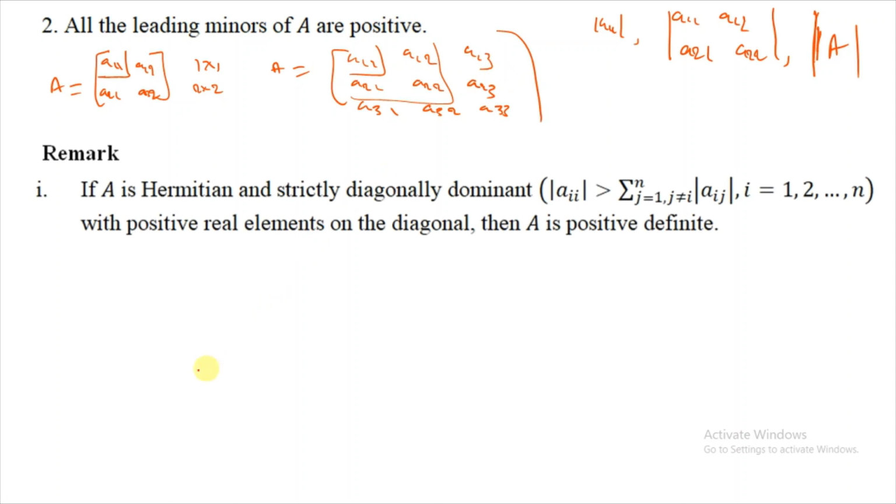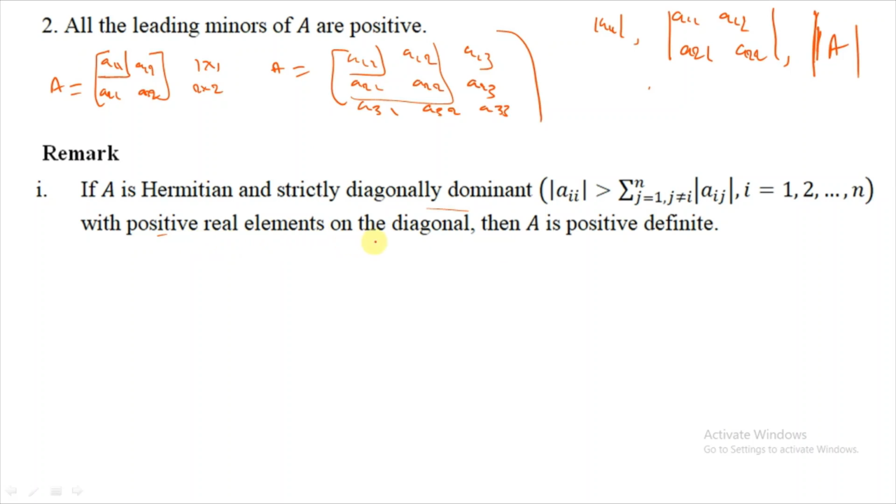Now some remarks. Suppose A is Hermitian and strictly diagonally dominant. Diagonal dominant means the modulus of A ii is greater than the sum of all the other elements in the row. The diagonal elements of the Hermitian matrix must be positive real numbers, not negative.